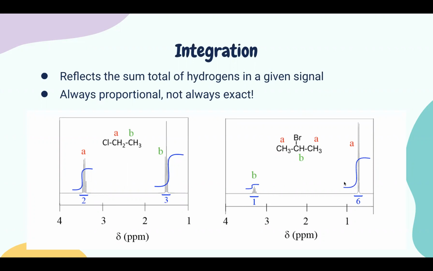You can see in the structure that A has 6 hydrogens and B only has 1 hydrogen. Again, it's not really a high yield topic. It's just something that can help you. Does that make sense? Okay.